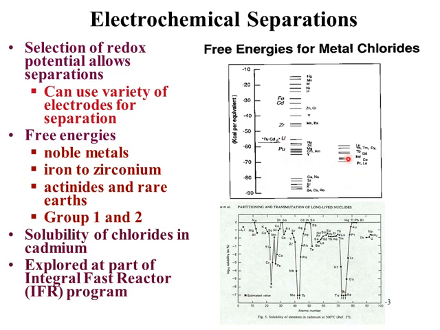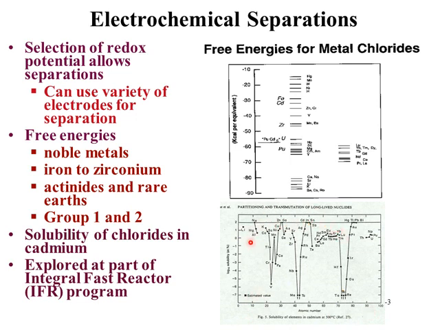There's also a route for achieving separations by looking at solubilities of chloride in different systems, for instance, cadmium. You can almost think of this as a solvent extraction or liquid-liquid phase, except the liquid phases are molten salts and liquid cadmium. One looks at the solubility of different elements in cadmium.